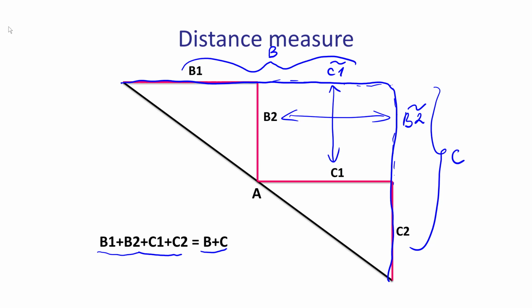Now, we can continue dividing every single triangle by half, which means we will divide the B1 distance by half, B2 distance by half, C1 distance by half, and C2 distance by half, and go that way.